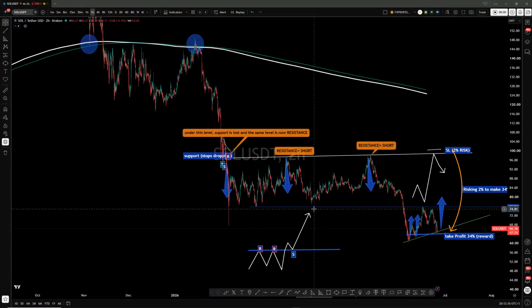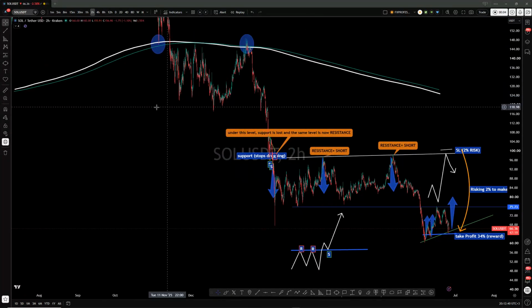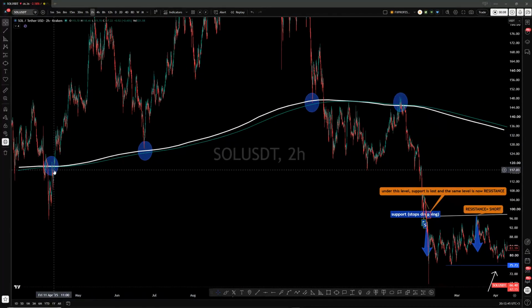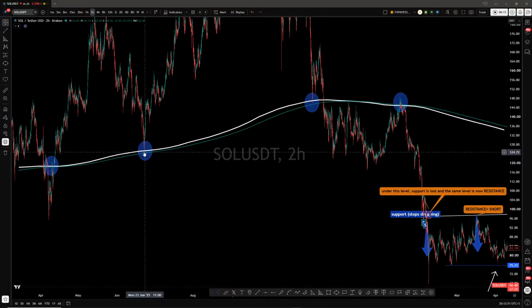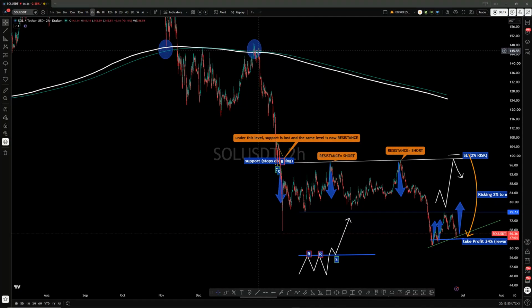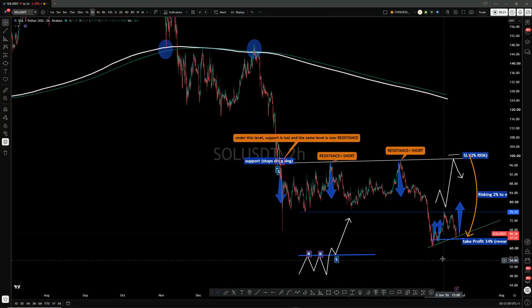A bit of education, and we're going to dive into what I call the mini chart of Solana. These are the secret EMAs I use. So resistance, support, and then very clearly the rejection and short.